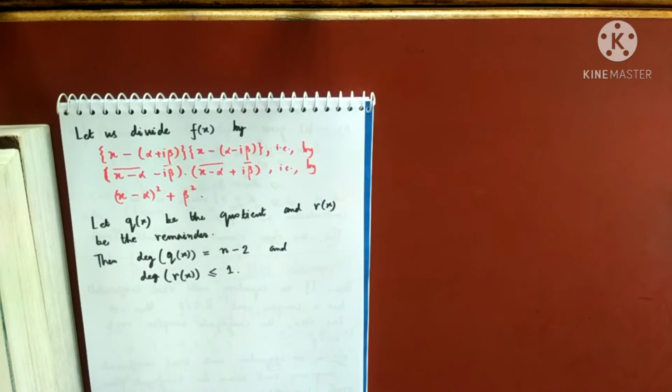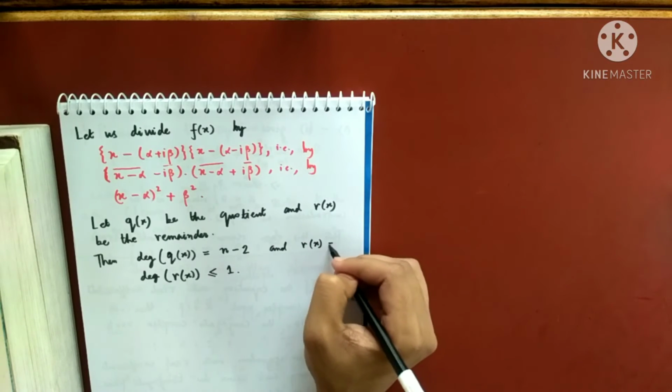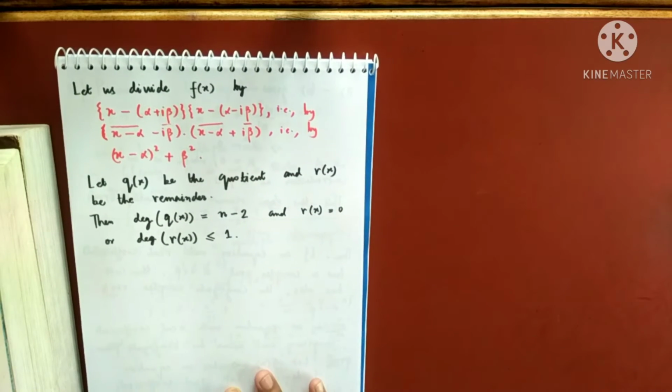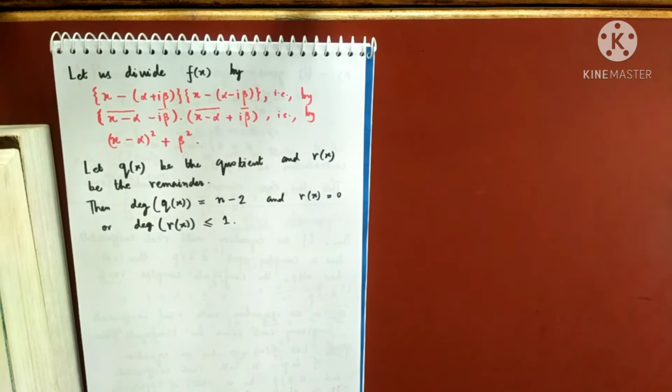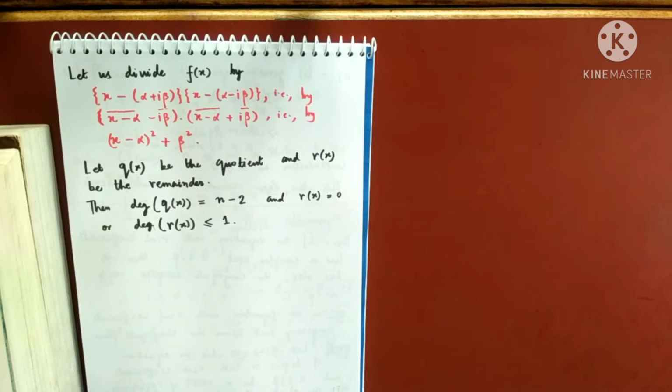It can be 0 also, so either r(x) is 0 or the degree of r(x) is at most 1. So this all comes from the division algorithm.